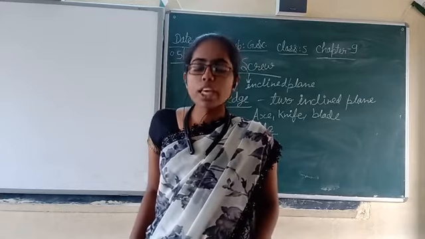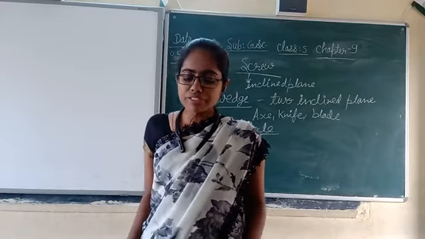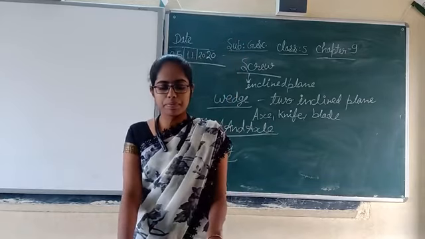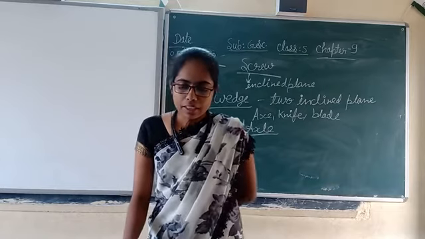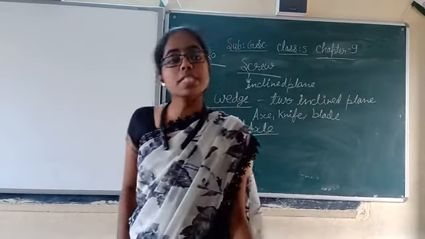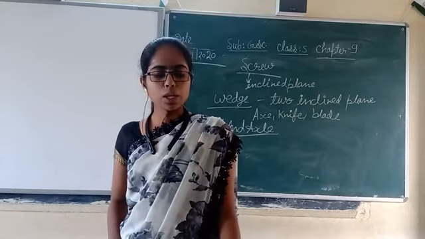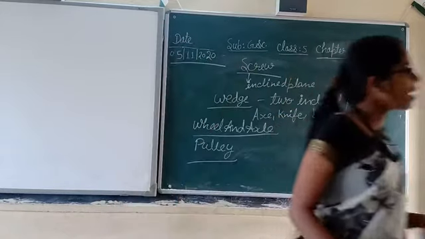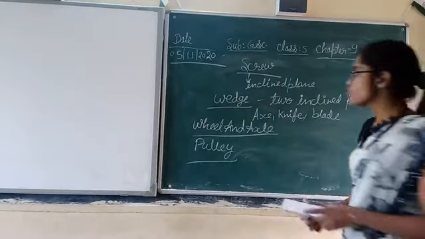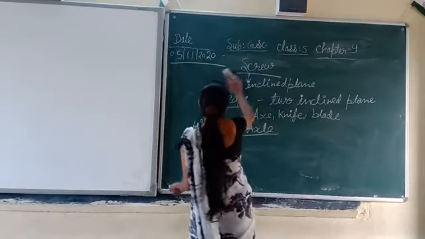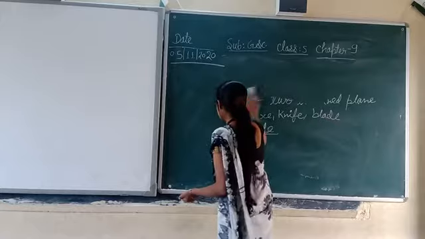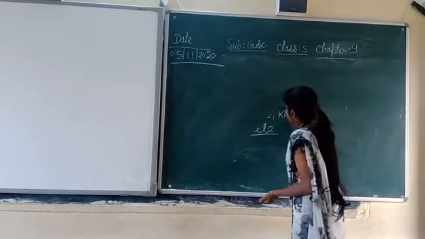First, the pulley is used to lift the load straight up, and further it reduces the effort used to pull the load. Now we have completed this chapter and we have completed the syllabus of the half-yearly exam.